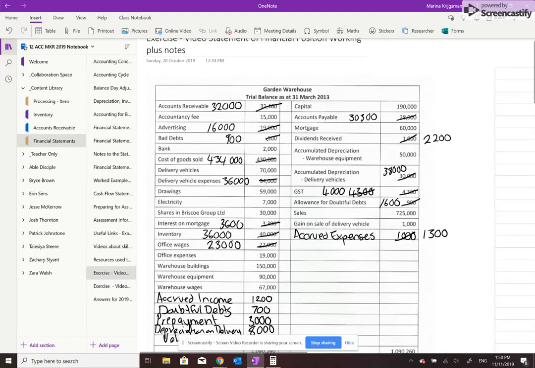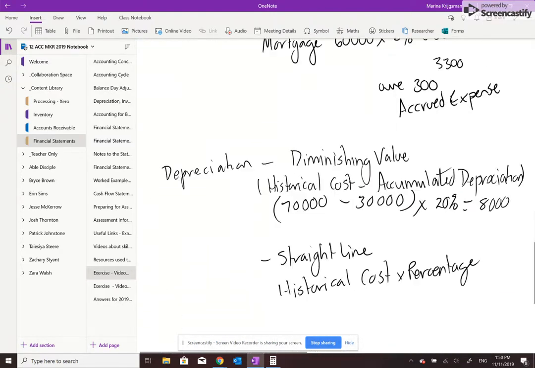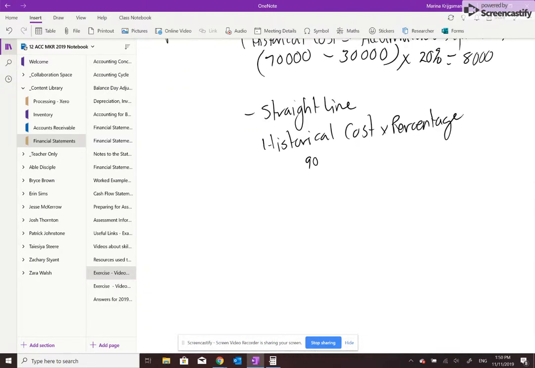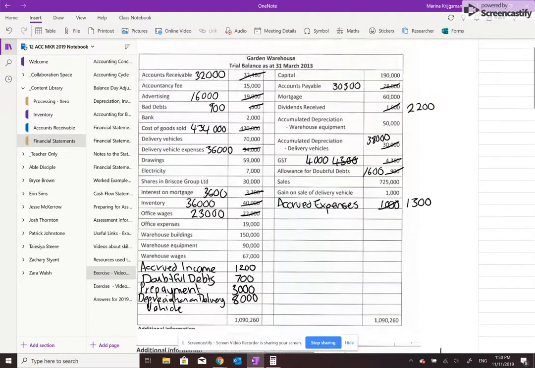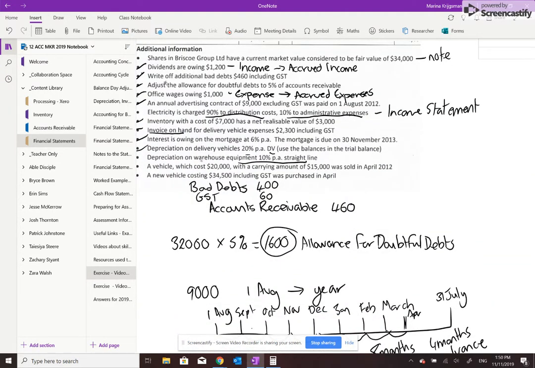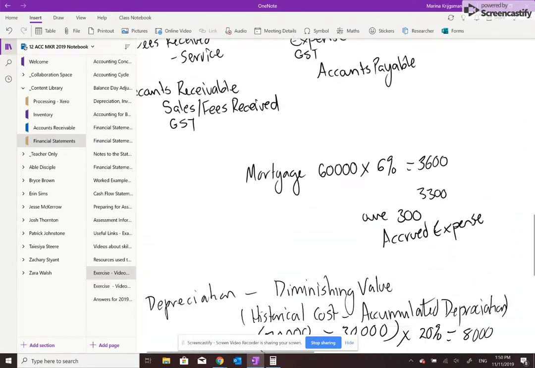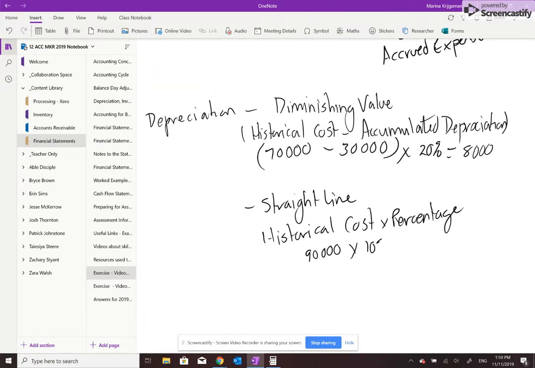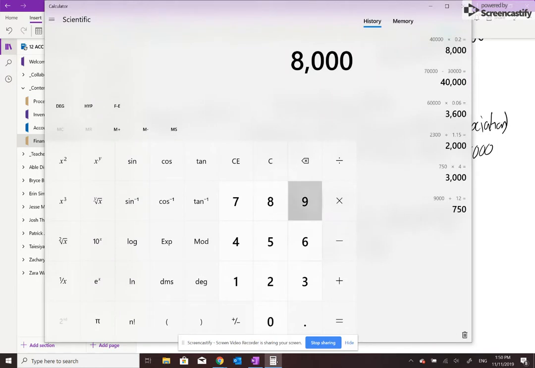So historical cost for our warehouse equipment is 90,000. And then we're going to times it by our percentage, which is 10%. Times 0.1.